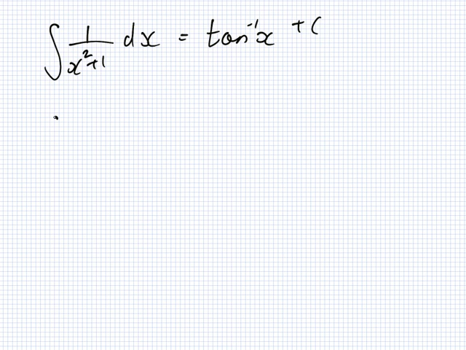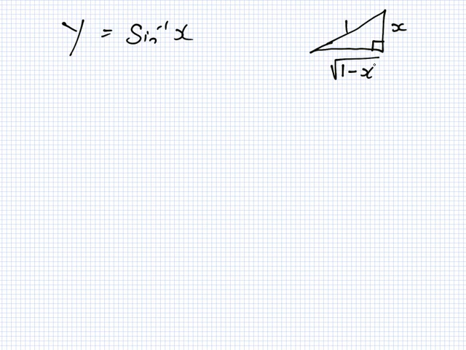Let's start off with saying y equals sine inverse x. And I'll draw a triangle. If this is x, and this is 1, then what's this side? 1 minus x squared.